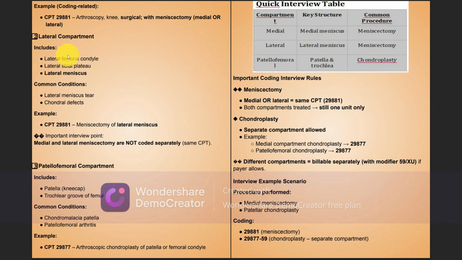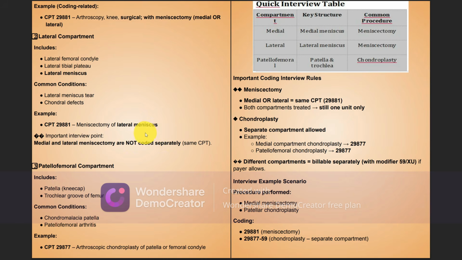The lateral compartment includes the lateral femoral condyle, lateral tibial plateau and lateral meniscus. Common diseases or conditions are lateral meniscus tear and chondral defects. So two conditions mainly affect the lateral compartment. Other conditions also affect it, but these are the common ones. Example: 29881, meniscectomy of the lateral meniscus.